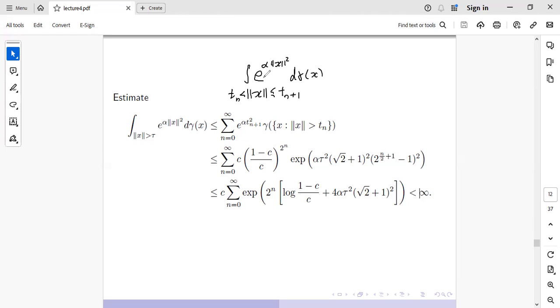Then we can estimate the integrand as exponent alpha T(n+1) squared, and we will get the measure of this set, which we estimate by the measure of the complement of the ball of radius Tn. So we obtain the sum. This is the estimate of the measure of the complement of the ball. And this is the explicit expression for T(n+1) squared.